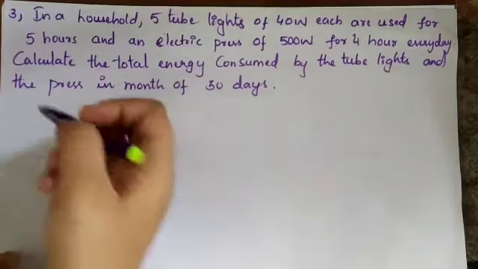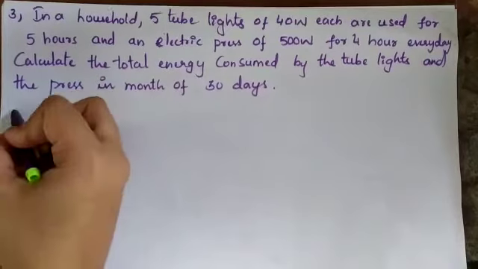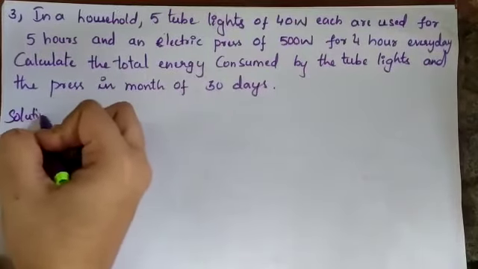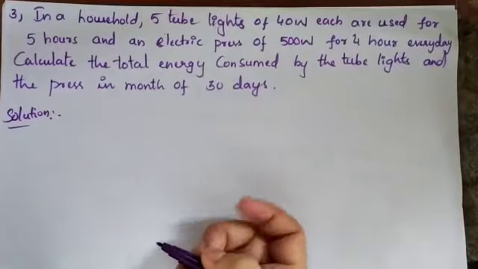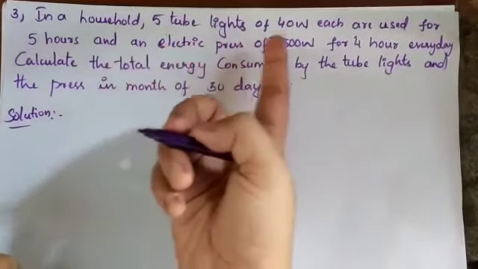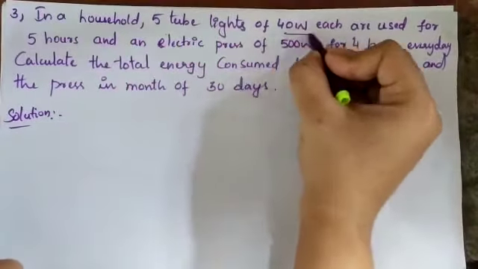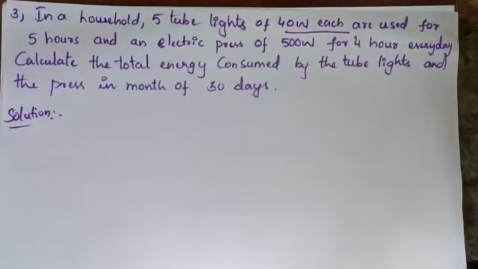So let me solve this problem. First is the power of 1 tube light they have given. In a house, 5 tube lights of 40 watt each. Each means for 1 tube light it is 40 watt. We don't know how much for the 5 tube lights.